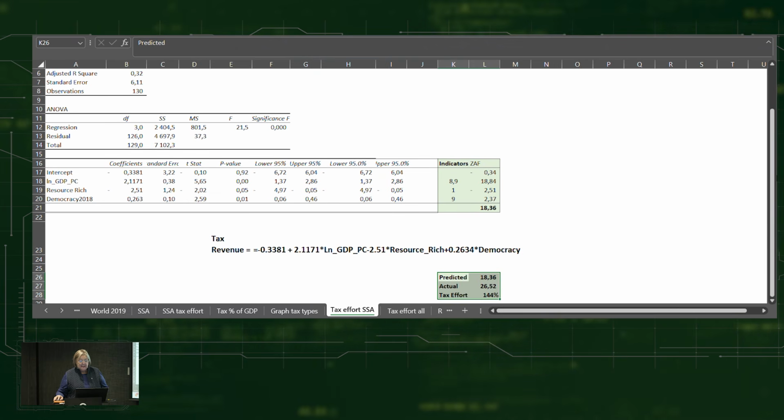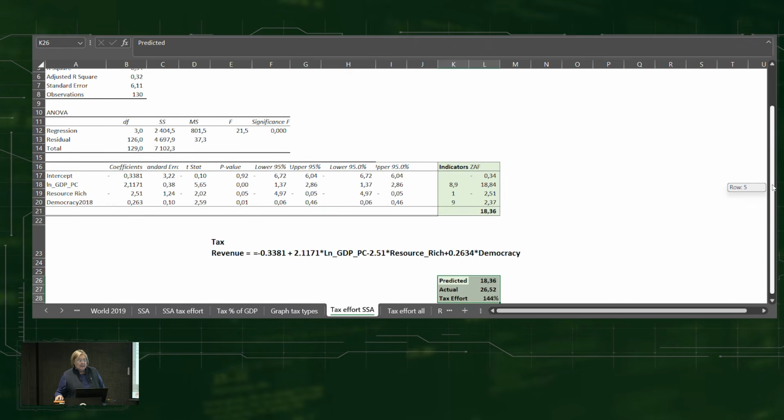So here you will see that is the equation. If you go here, you've got the intercept, and you add the coefficient multiplied with the indicator for resource rich, and then you add the next, the democracy one, multiplied with its indicator, and then you get 18.36.